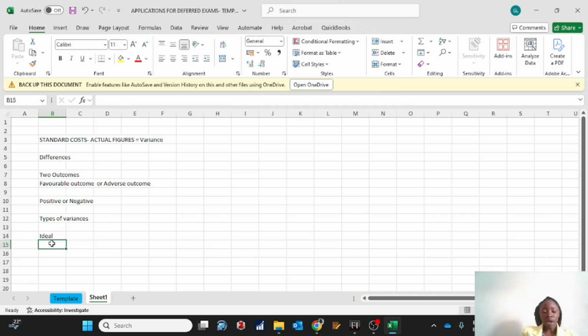Then we have what we call basic standards. What are basic standards? These are standards that were set a long time ago and have not been updated over time. These are more like foundational standards that have never been updated.